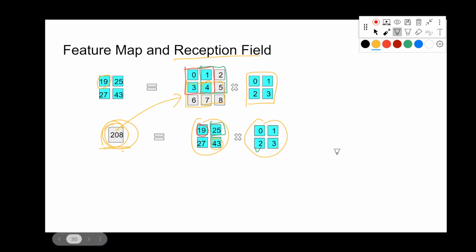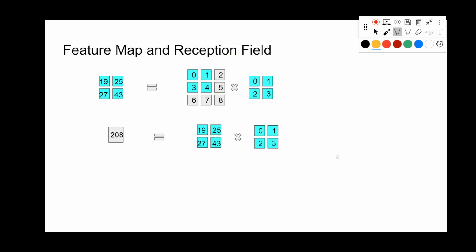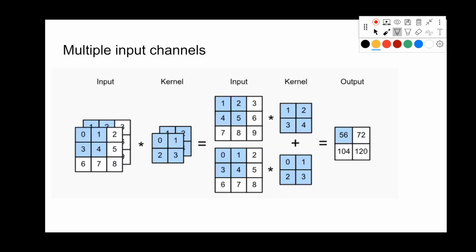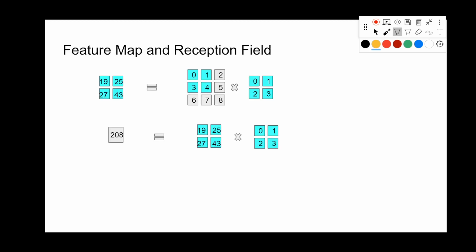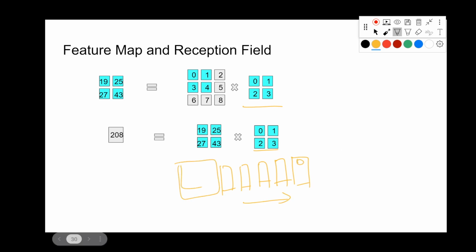So if we stack the network together and the network gets deeper, the output will relate to a larger area in the input image, since every CNN operator we stack increases the receptive field.